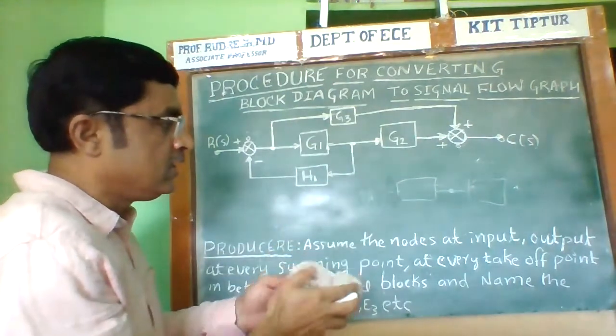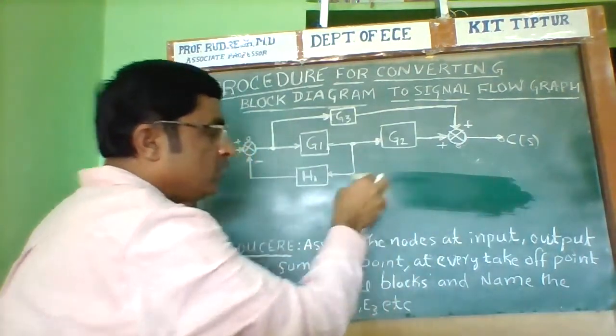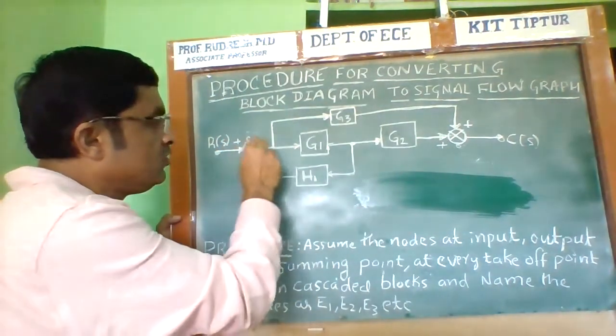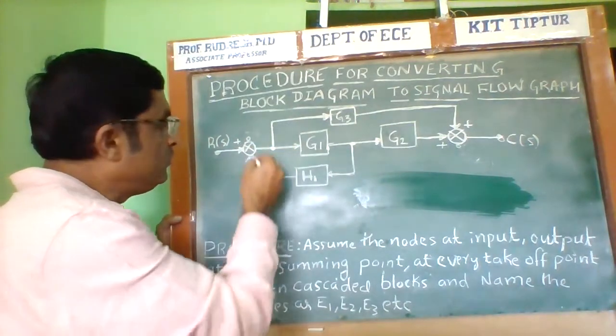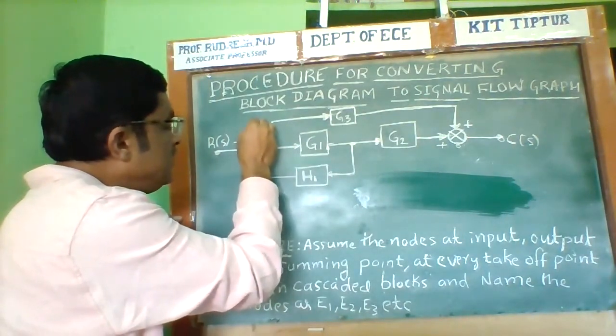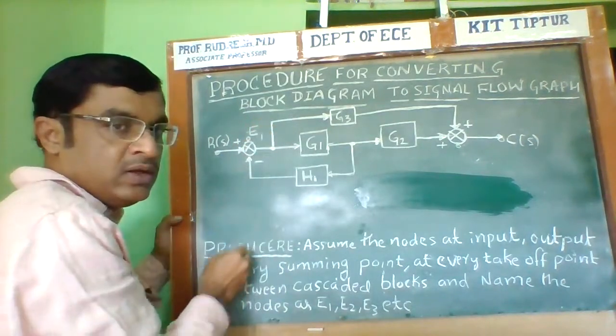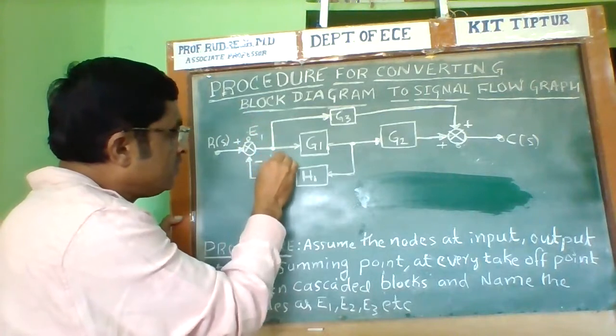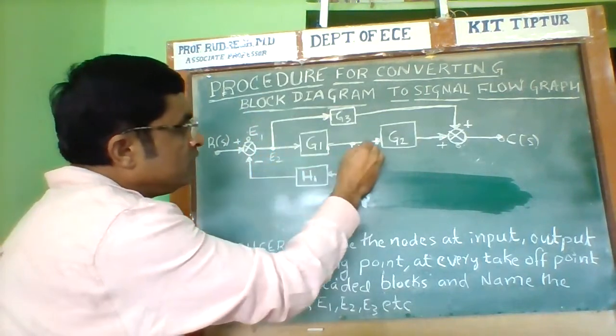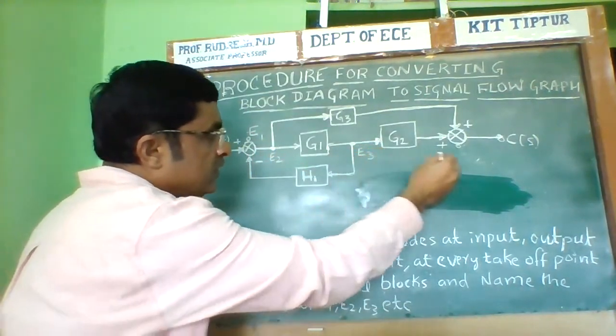In this particular diagram, there is a cascaded block. After assuming the nodes, we need to name the nodes. This naming of the node is also very important. We name the nodes as E1, E2, this is E3, this is E4.